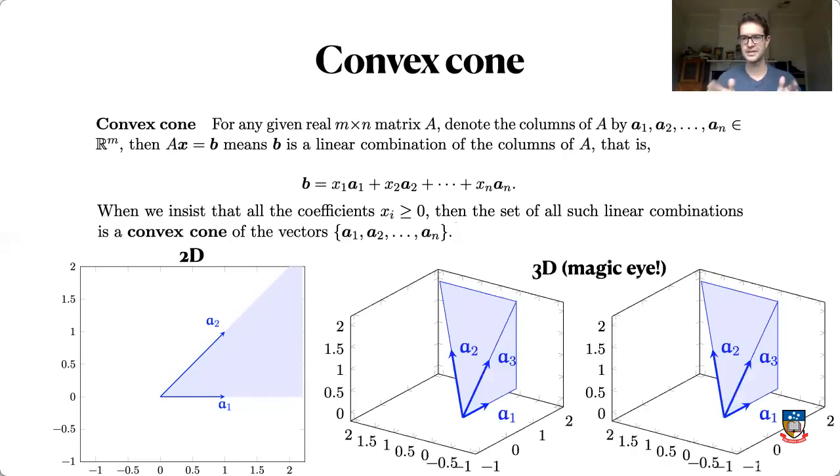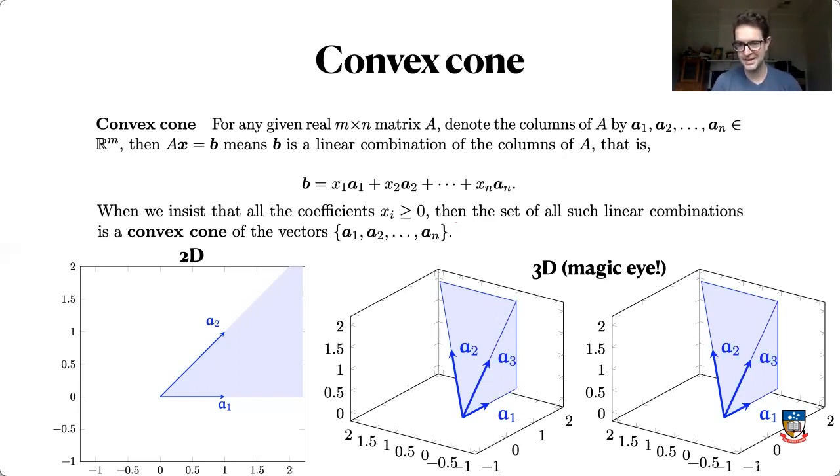In 3D, full credit to Tony Roberts here, who produced this amazing stereoscopic picture. If you cross your eyes, as I'll try to do on my screen now, like a magic eye, you can actually make this picture be 3D. So try that, and you can see a three-dimensional region that's defined by 3 different vectors.